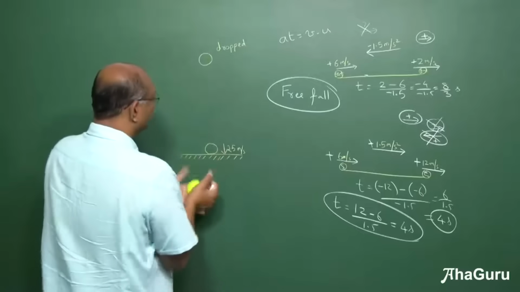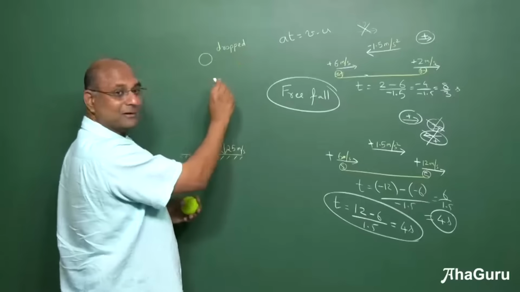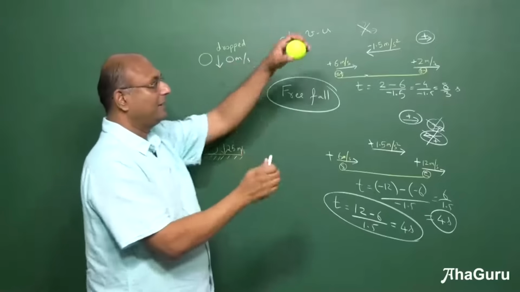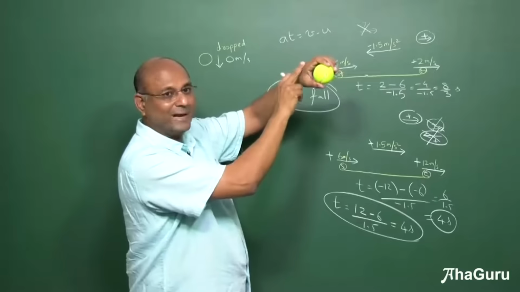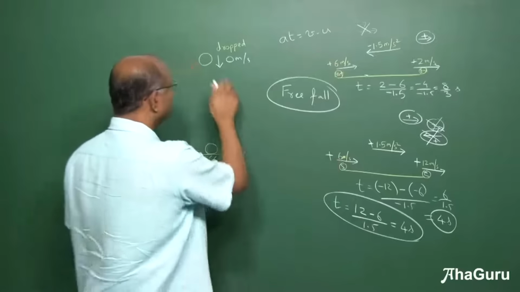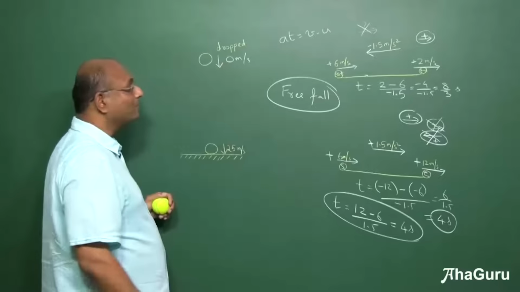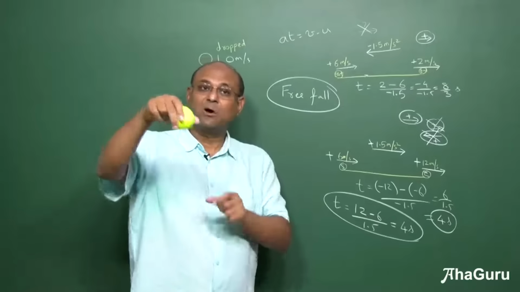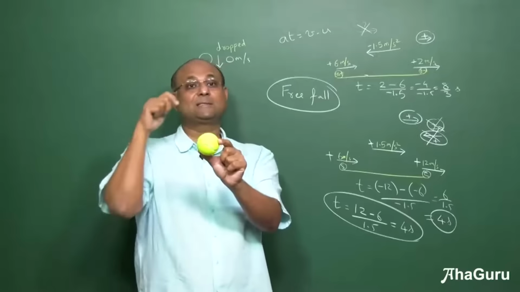So if I drop the object, what is the meaning of drop? Drop basically means you let go. If I let go, what is my velocity of my hand? 0. What is the velocity of the ball when I let go? 0. So I let go, this fellow's velocity is 0. Later on, for example, if I'm moving in a bus and I drop the ball, it has the same velocity as the bus.